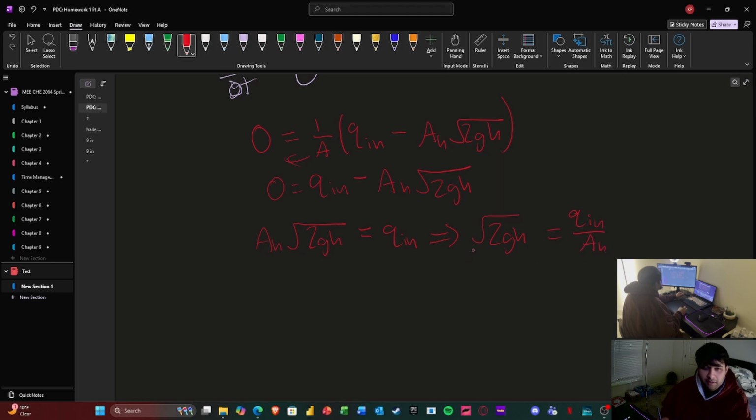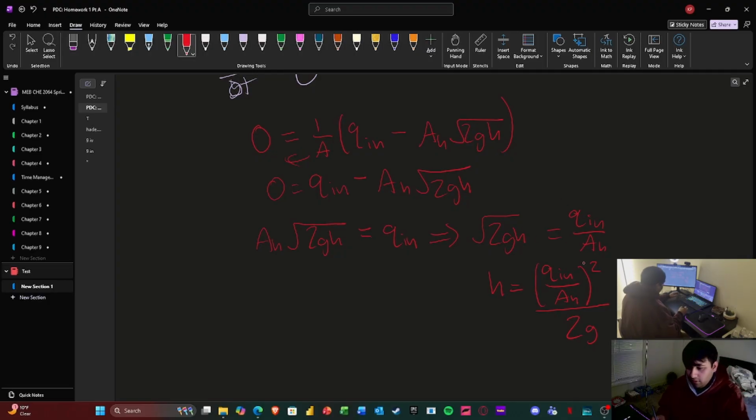Over AH, and then H is essentially just going to be Q in squared, divided by 2G. I hope I got that right.